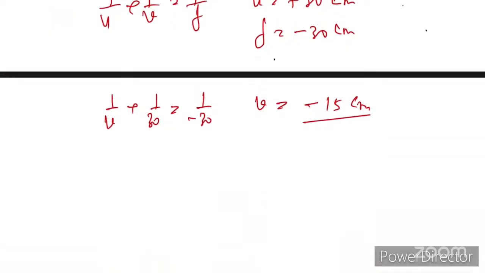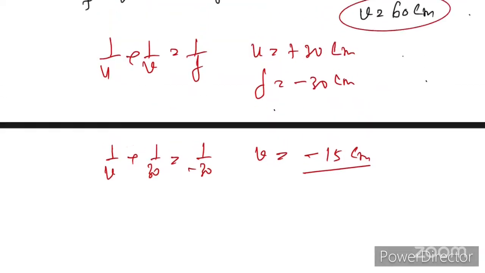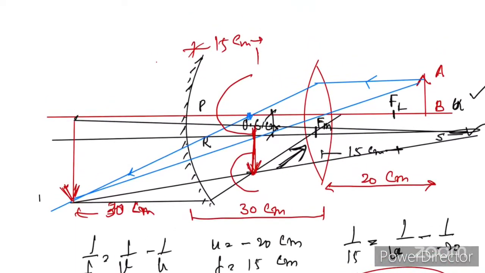Now, let us see the magnification part. Magnification, first of all, suppose this is A dash and this is B dash.